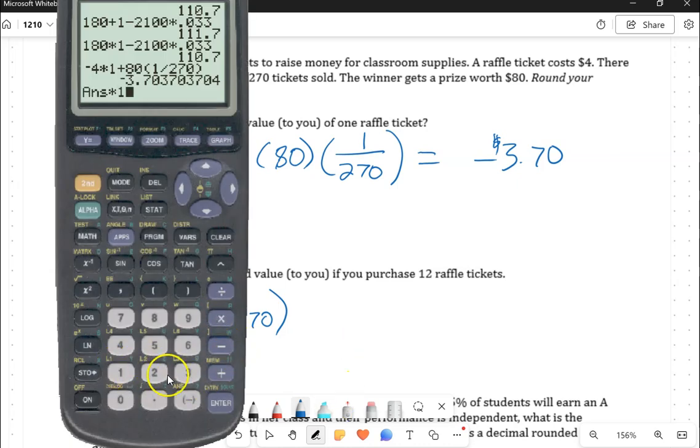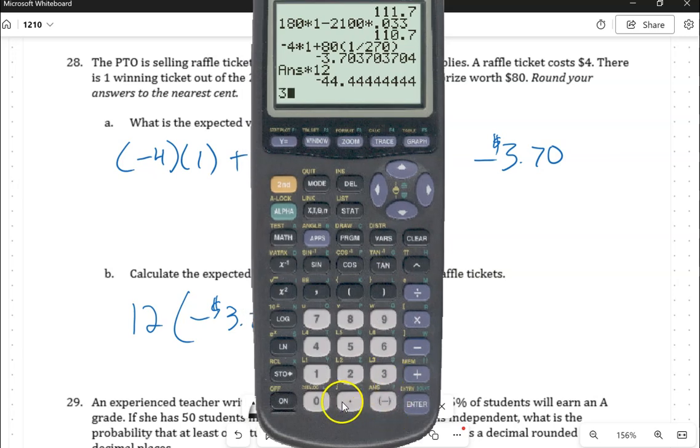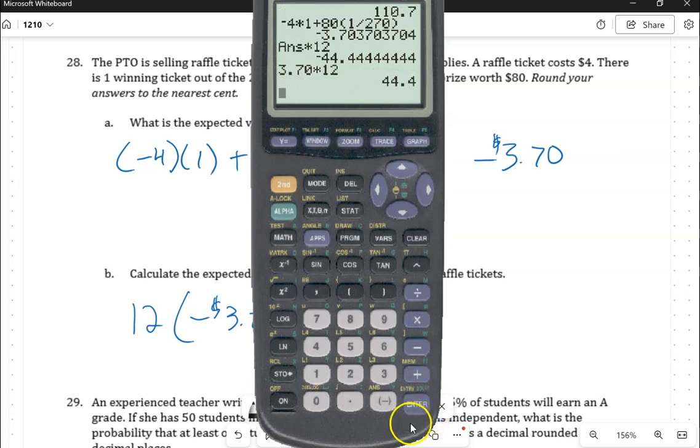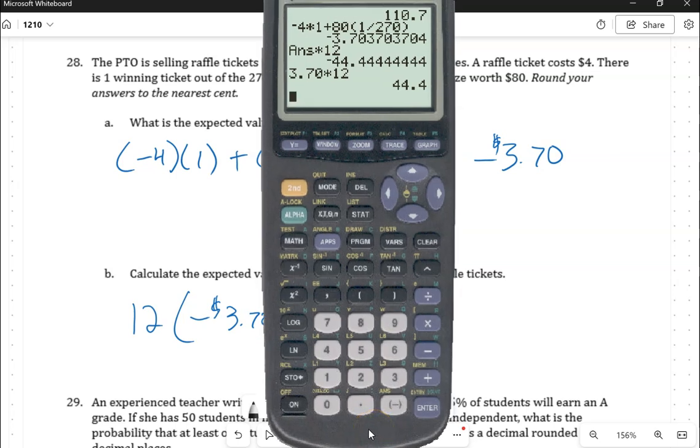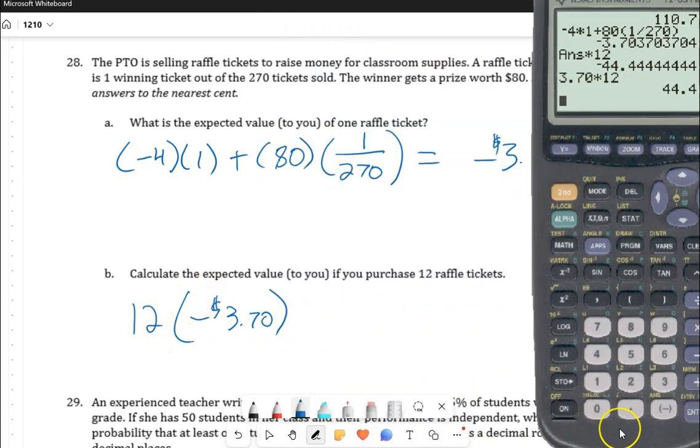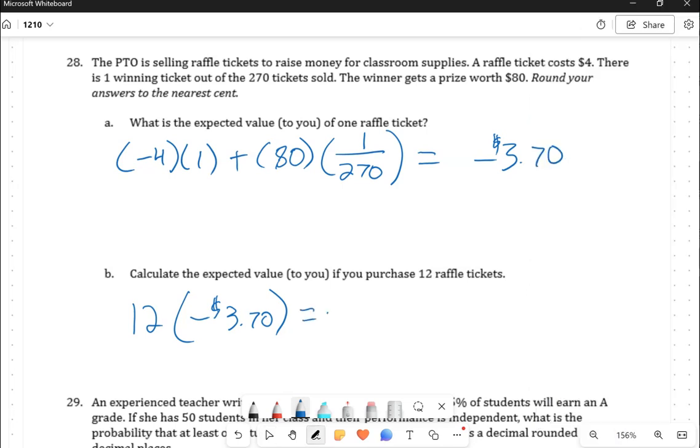So let me see if that's the same if I round to the nearest dollar. Yeah. Oh no, there's actually pennies off. So you do round money. So even though it's minus 3.70370, it's just 3.70. So go with the 3.70 when you then buy 12 raffle tickets. $44.40.